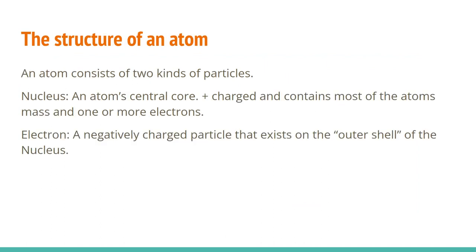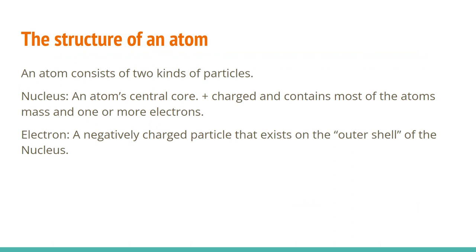So then you hear me saying nucleus, electrons, neutrons, protons, and you're like, well, I don't care. Well, this is the structure of an atom. The structure of an atom consists of two kinds of particles, one of which is the nucleus. And again, what's a nucleus? Why do I care about it? A nucleus is an atom's central core.